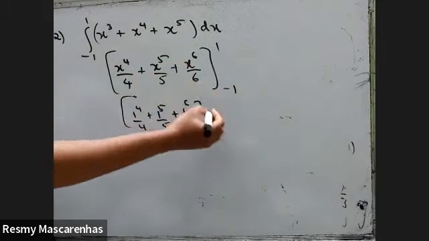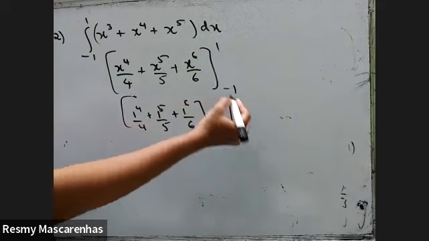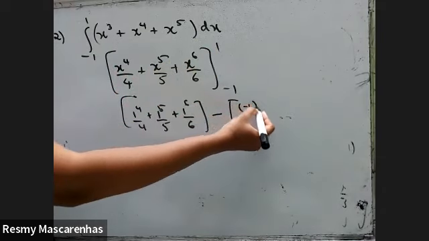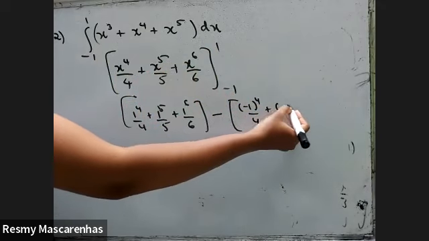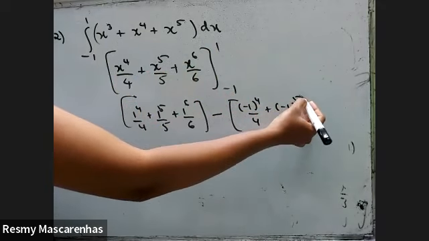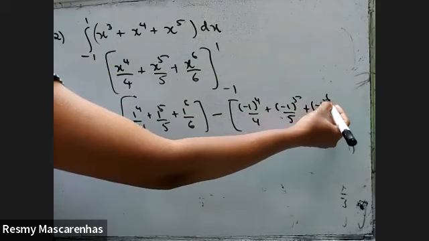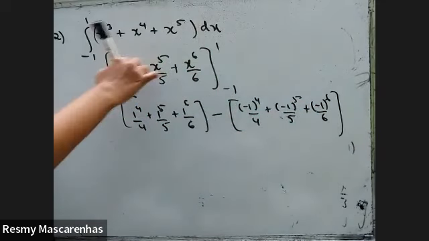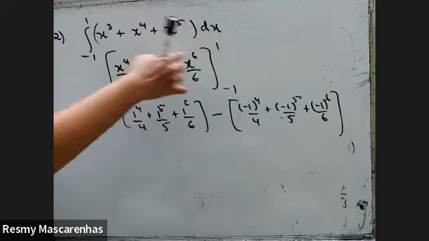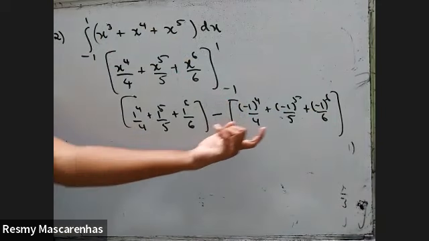This is using the higher limit. Now put a minus sign and now put the lower limit everywhere. First everywhere put 1, then the middle sign is minus. So g of b minus g of a.